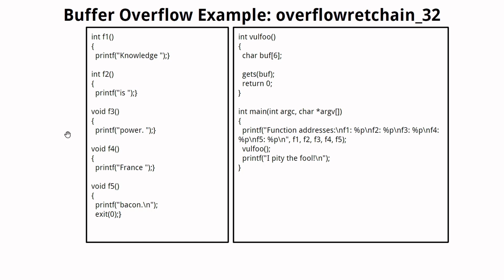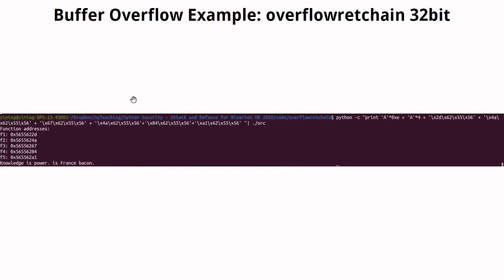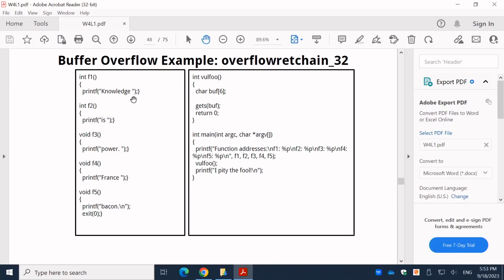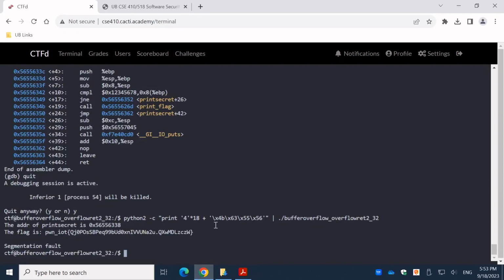It will directly kill the process. The goal here is to print out the strings "knowledge is power" and "France is bacon", okay? So we are going to print out "is" twice. We're going to return to the same function twice. Then let's see how we can do this.